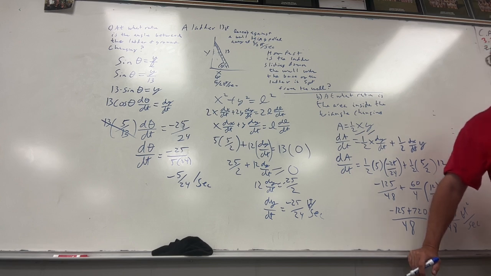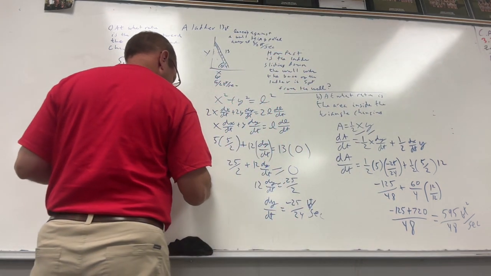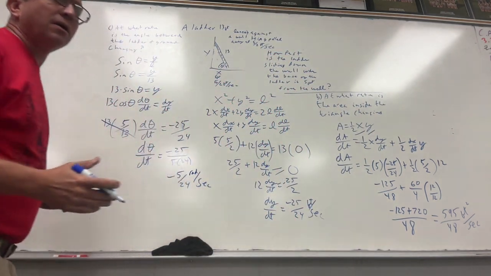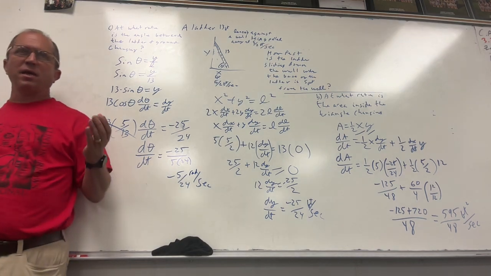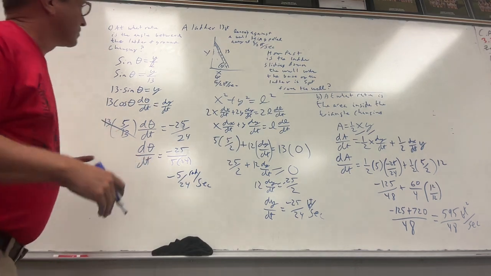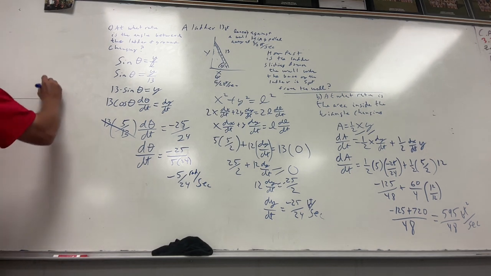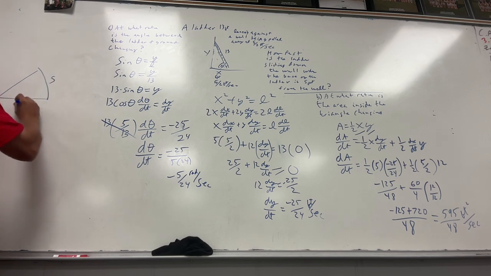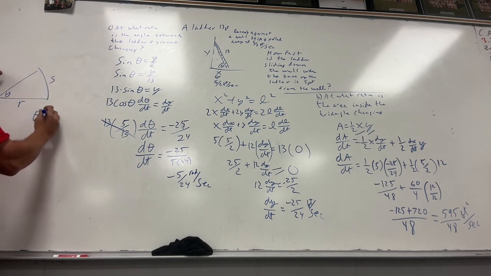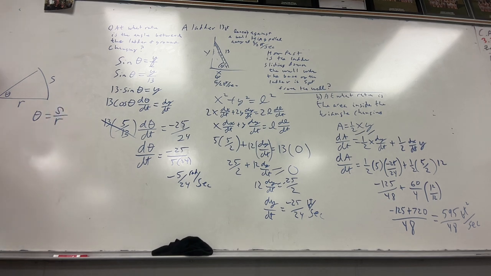Now, technically, there are not units with radians. I'm going to put radians per second here, but technically, a radian is not really a unit, because a radian is the measure, the ratio of the arc length of a circle to its radius.